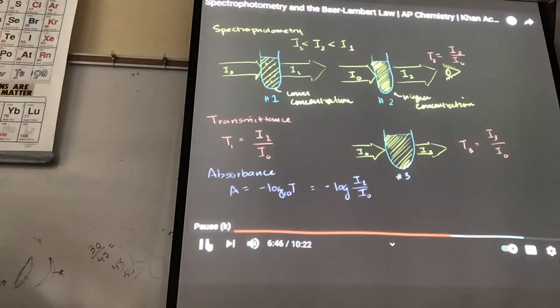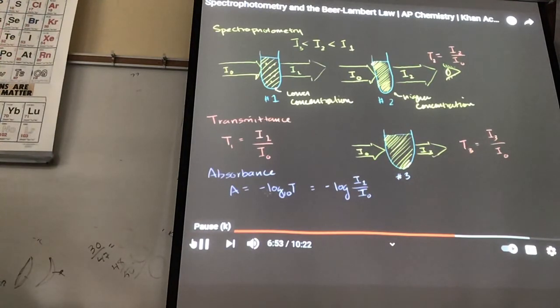But the easiest way is the negative log of the transmittance. All right, one more time. You know what the good news is? You don't ever have to do these calculations. The machine itself will read the absorbance for you. He's just trying to tell you theoretically where that comes from. So don't worry about any kind of math. Transmittance is a large number, absorbance is a small number, which makes sense.